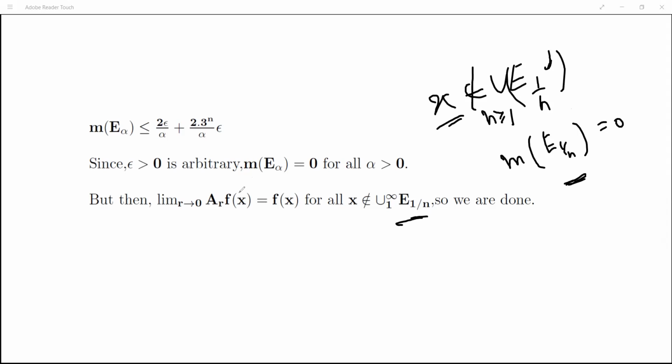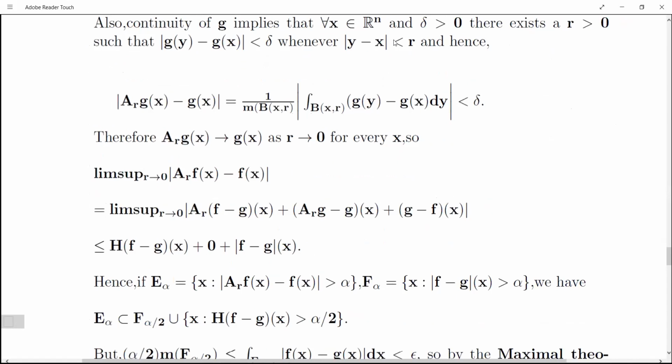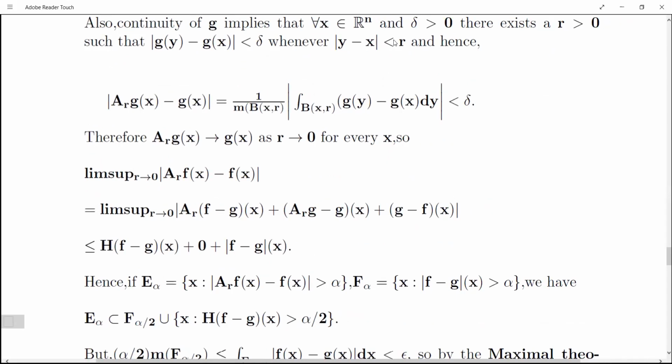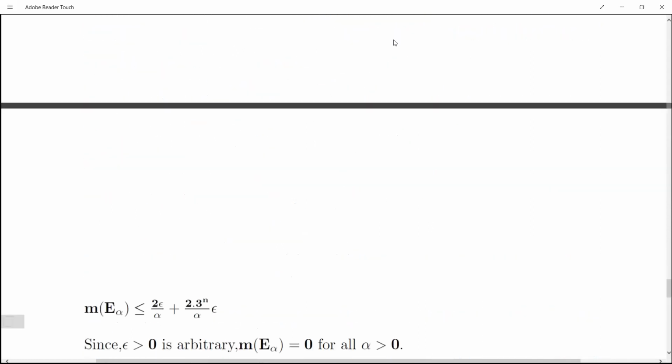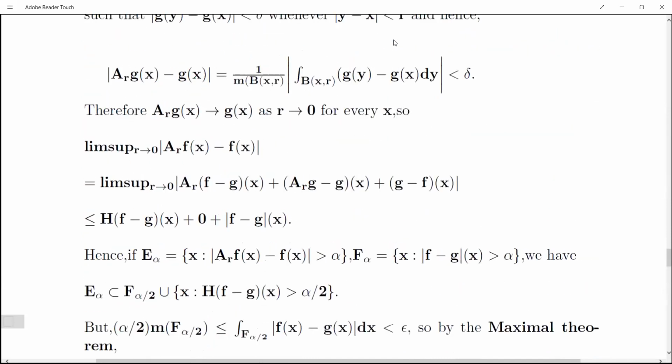Then obviously my lim sup will be 0, right? Because I defined E alpha to be the set of all x such that the difference exceeds alpha, and we have shown that the measure of that set is equal to 0. So if you take any x which is outside this set, then the lim sup of mod ARF minus f as r goes to 0 will be 0.